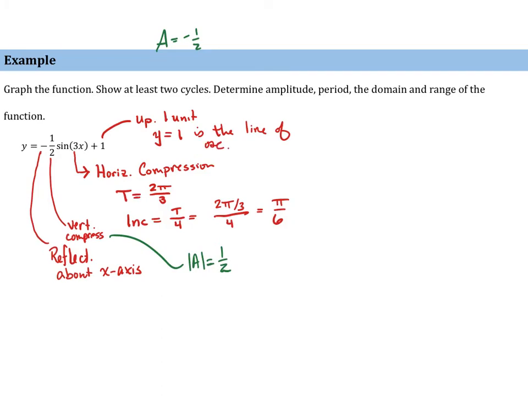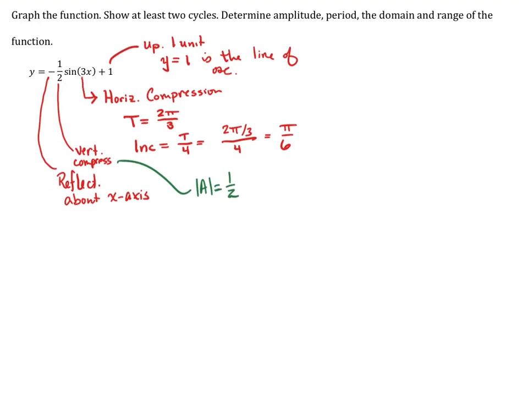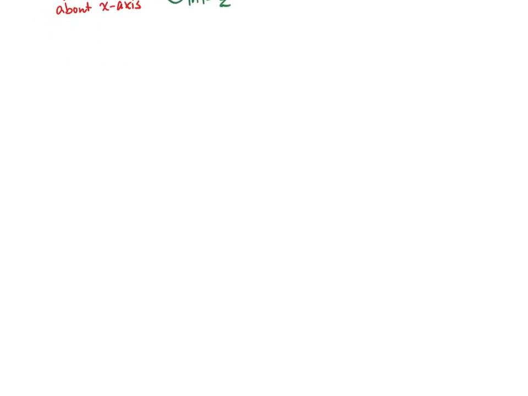So let's look now at creating our tables. So we have our original parent function, and it's okay if you're able to eventually wean yourself off of writing out these two tables. I would hope that we could do that. But as we're gaining our bearings, there's nothing wrong with doing this. It's always okay to show more work, as long as we always end up with the correct answer.